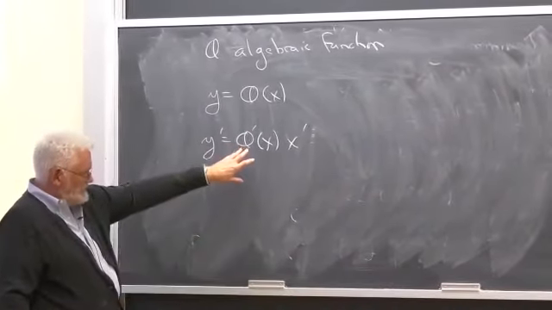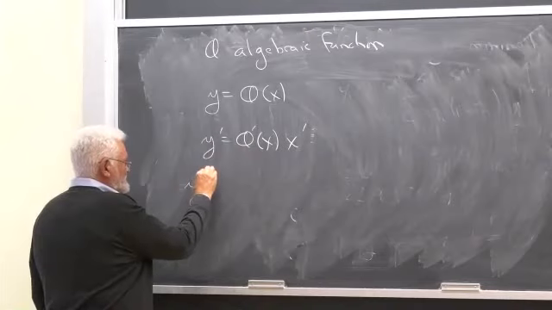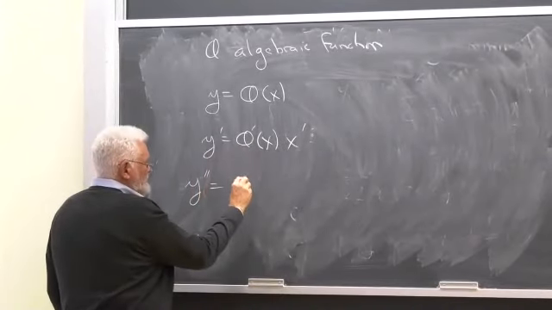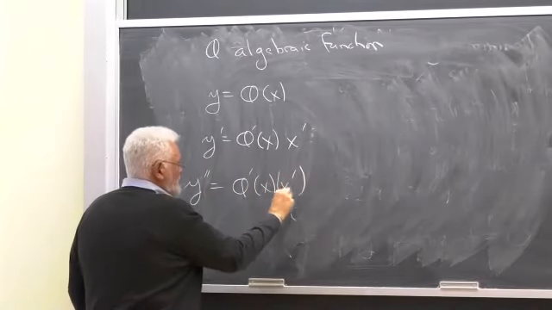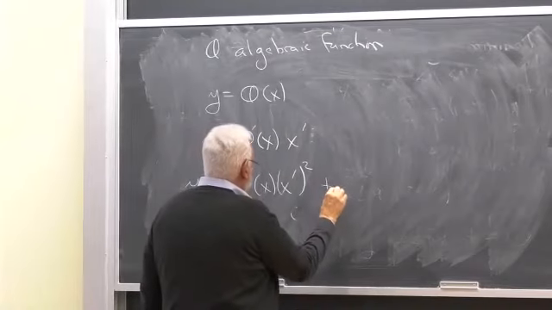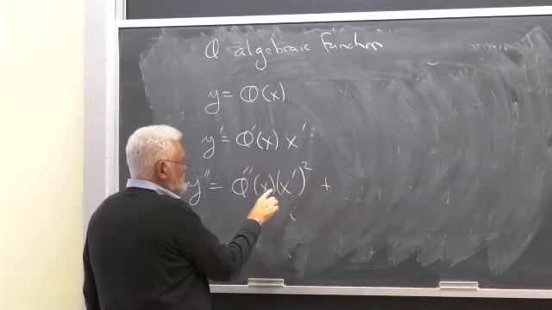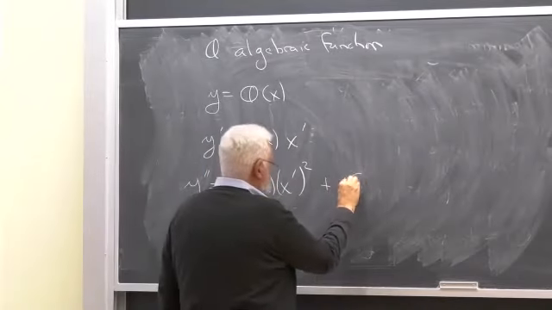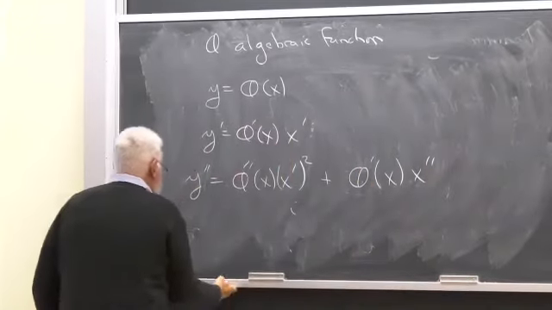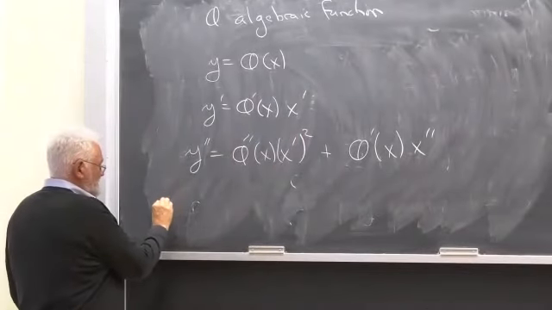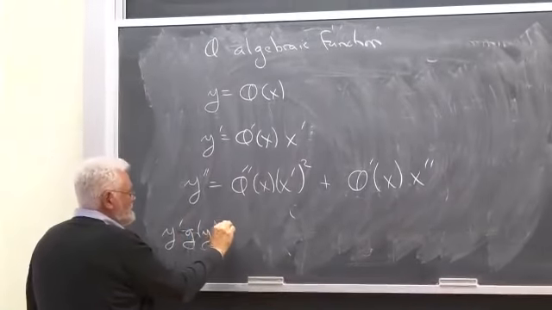For this, I just mean the formal derivative of phi, times x prime. Take the second derivative. I get phi double prime of x, x prime squared, plus phi prime of x, x double prime. But this is y prime g of y.